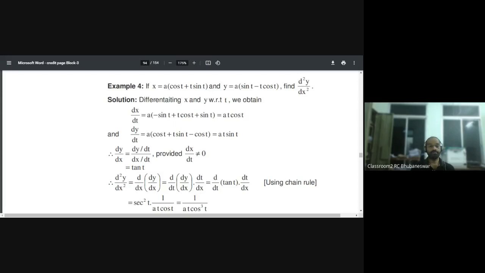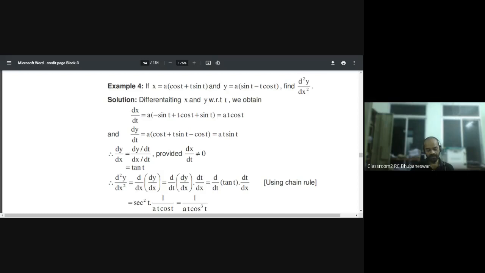So we are in the discussion about example number 4, which is all about the higher order derivative. In this example, you can zoom in on your mobile phone to look at it. It is given in parametric form, because x is given in the form of t and y is also given in the form of t.